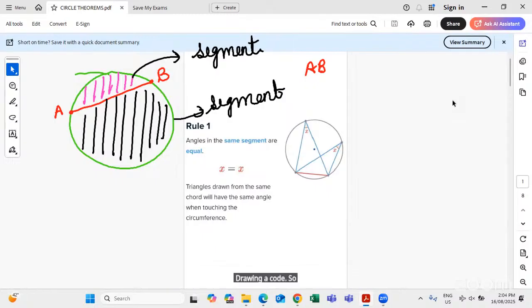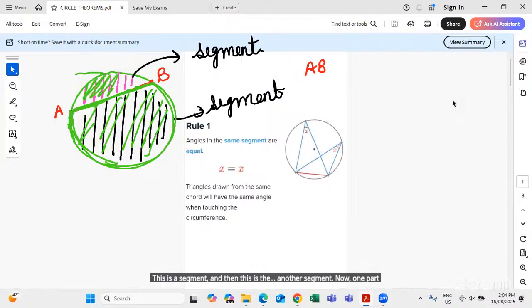So when I draw this chord here, and I take this whole inside area, this is a segment and this is the other segment. Now one part is smaller than the other. The bigger one we will call the major segment and the smaller one we will call the minor segment.